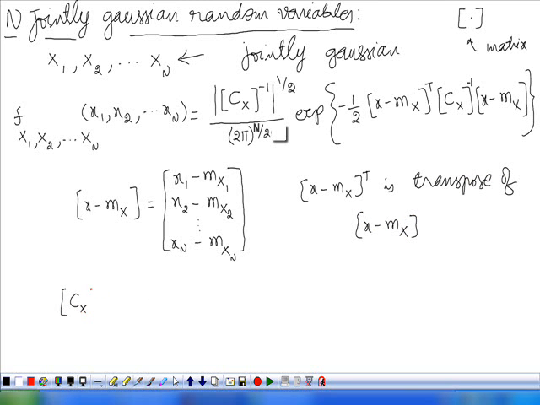Cx is equivalent to C11, C12 and so on, C1n, and C21, C22 and so on, C2n, and Cn1, Cn2, finally Cnn.